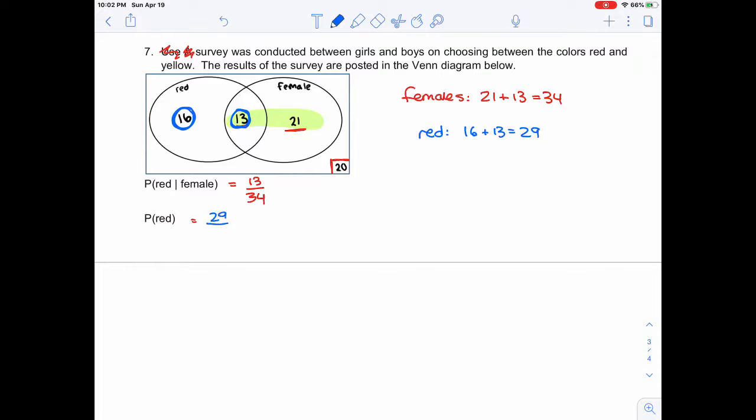We know 29 people chose red, but we need to make sure we find that total number. So our actual total number now is we just have to add up every single number here. So 16 plus 13 plus 21 plus, you can't forget this 20 down here. That's all the people that took the survey, okay? So if we go ahead and add all of those up, we should get 70. So our final probability is going to be 29 out of 70 people selected red, okay?